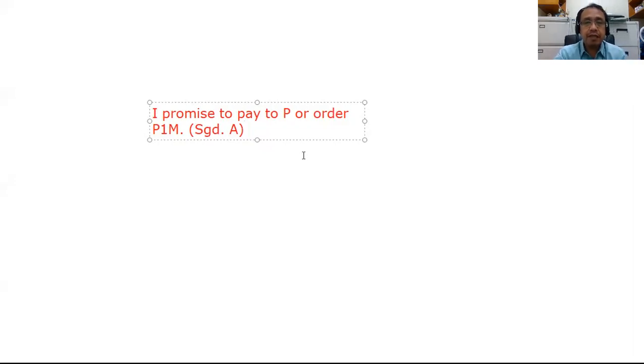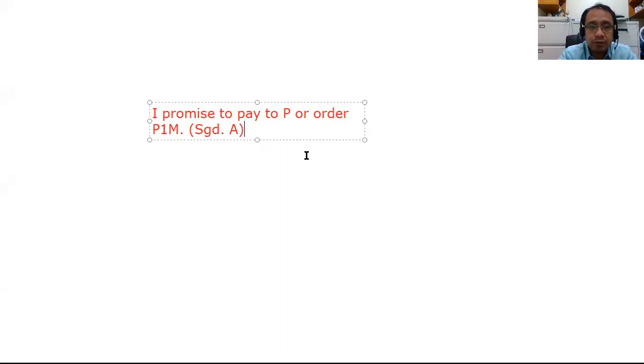If after A made this promissory note, while it is in his possession, is this instrument a complete instrument? What do you think? I promise to pay to P or order 1 million pesos, signed A. Is it a complete instrument? Some of you might say yes. But I'm telling you, while this instrument is still in the possession of A, it is not yet a complete instrument.